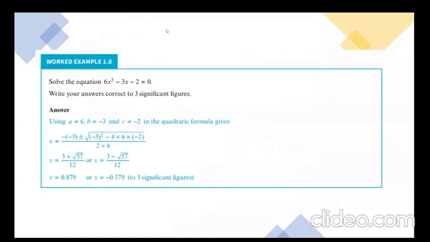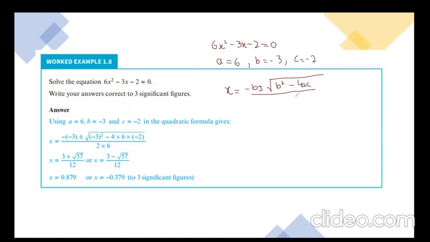So in case मेरे पास equation given is 6x square minus 3x minus 2 equals to 0. So इस केस में मेरा जो a है a की वैल्यू है 6, b की वैल्यू है -3 और c की वैल्यू -2. So x must be minus b plus minus under root b square minus 4ac divided by 2a.